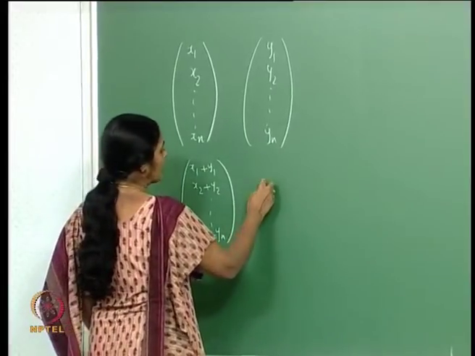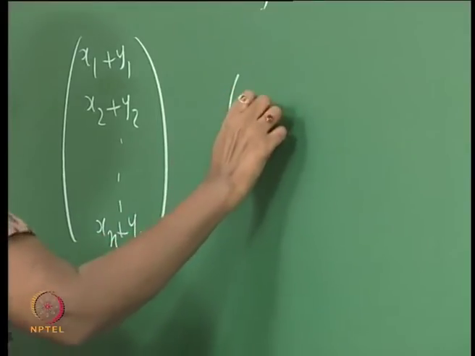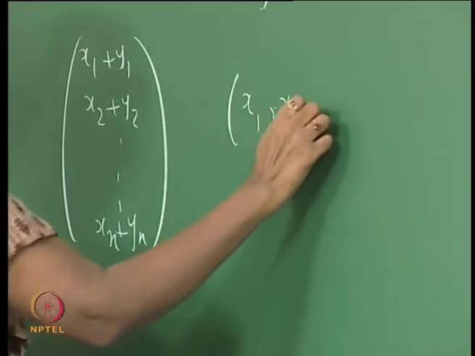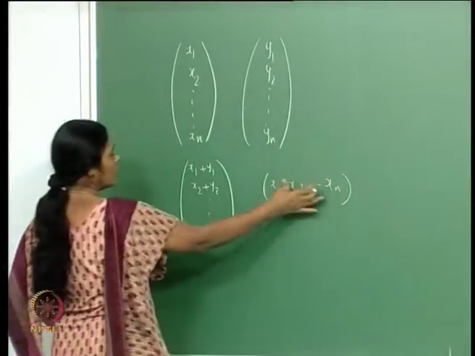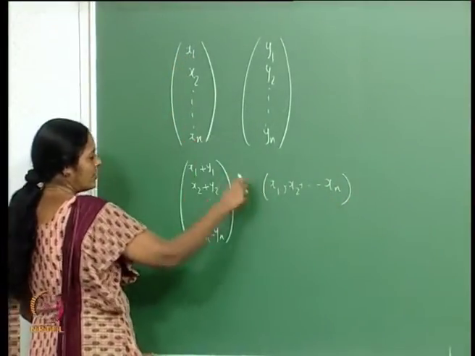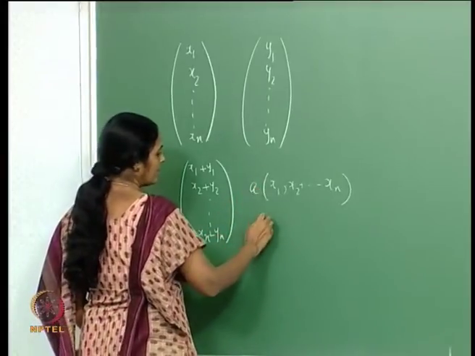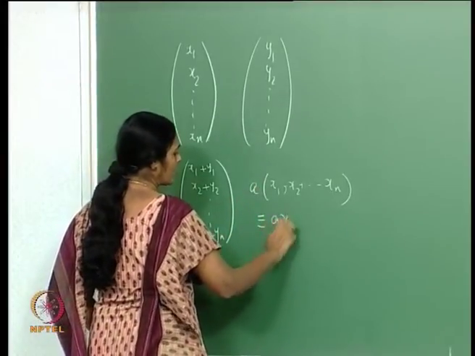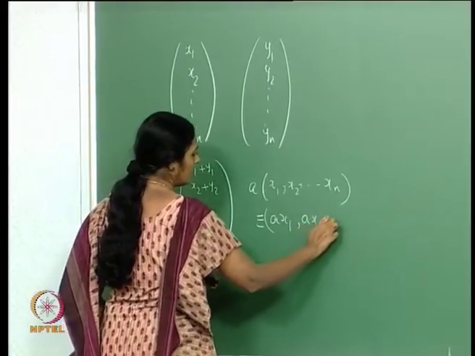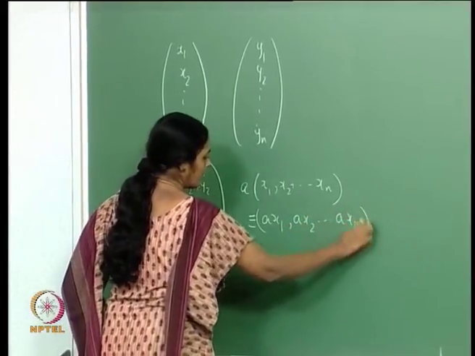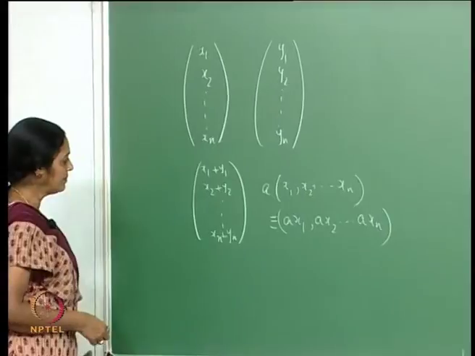and if I have to multiply this string of numbers, which I can put down in this fashion, by a, I mean ax1, ax2 to axn, where a is a real scalar.